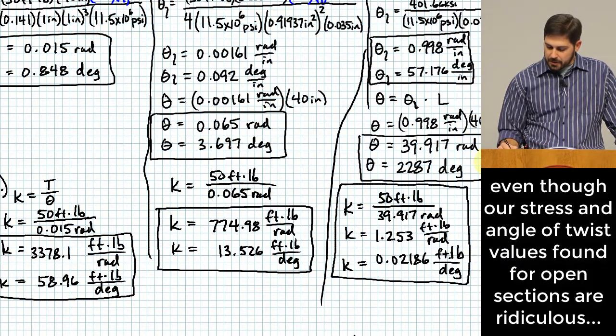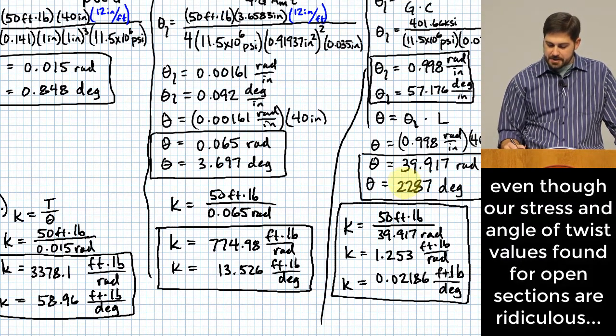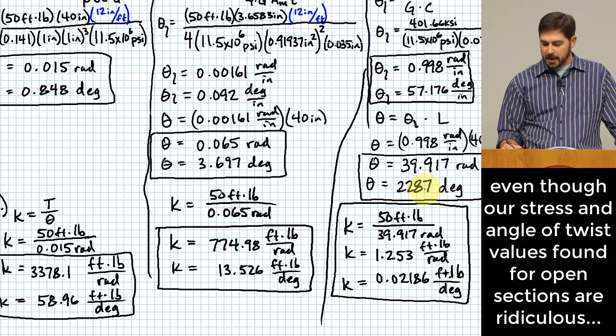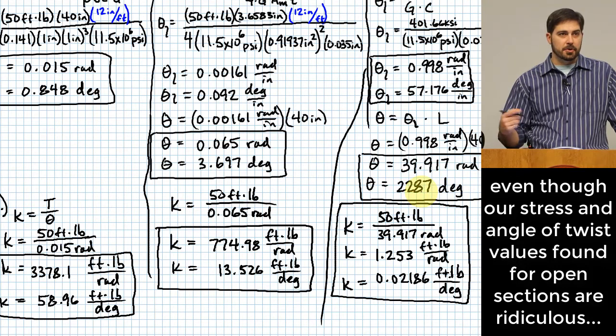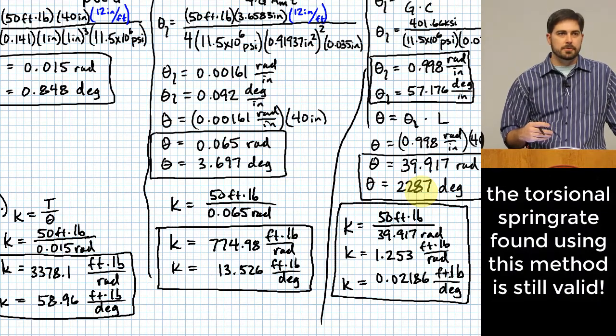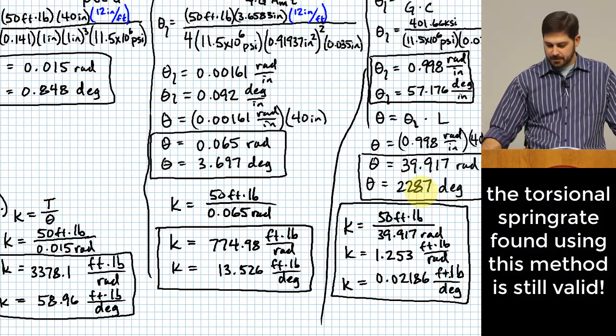And even though these values up here end up being ridiculous in that it wouldn't actually be able to twist by 2,287 degrees under this 50 foot-pound torque, what if we reduced that torque down to, let's say, 7 inch-pounds?